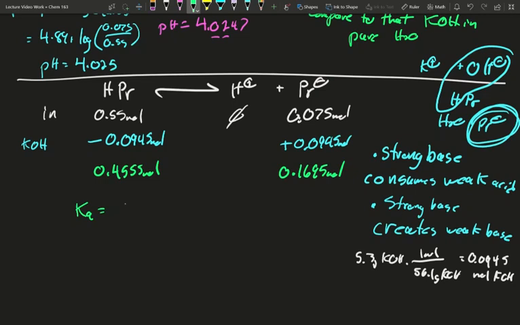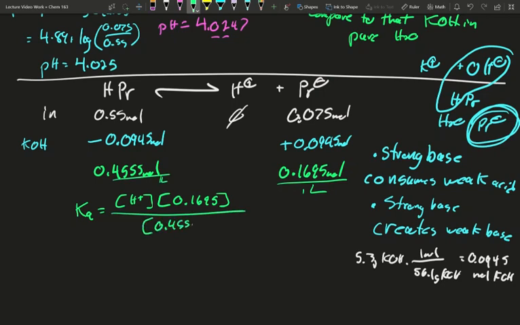Ka is going to be H+ times the base, 0.1695. This is in 1 liter of solution, so we can put it back in 1 liter to get these concentrations, over 0.4555 moles per liter.